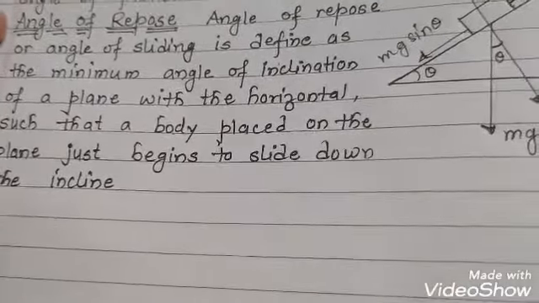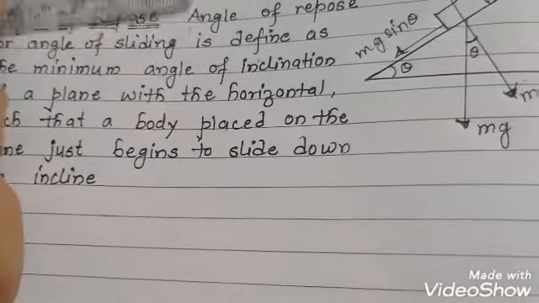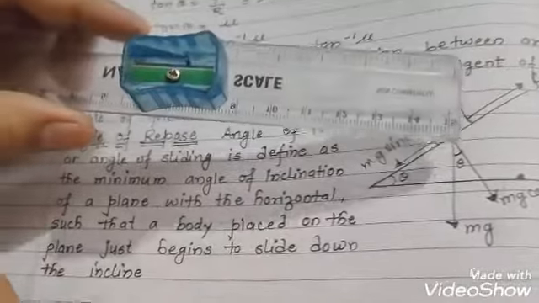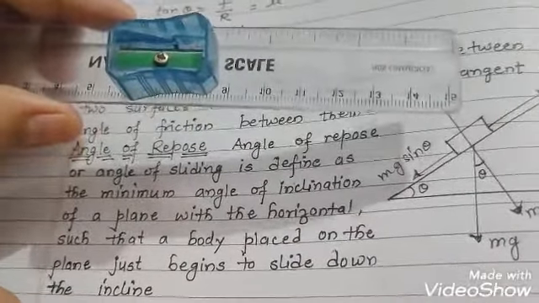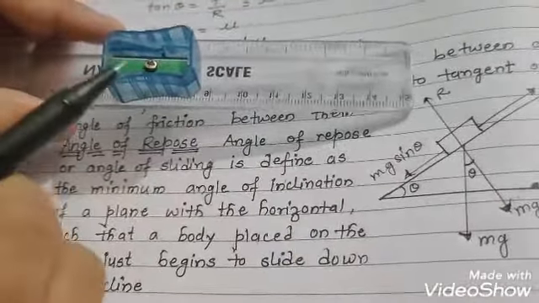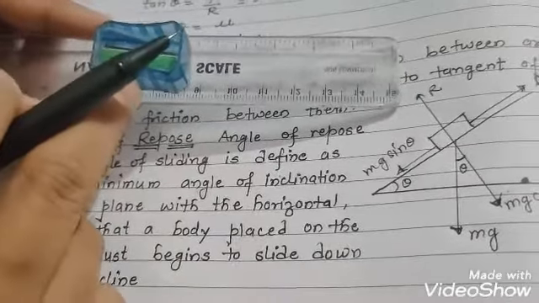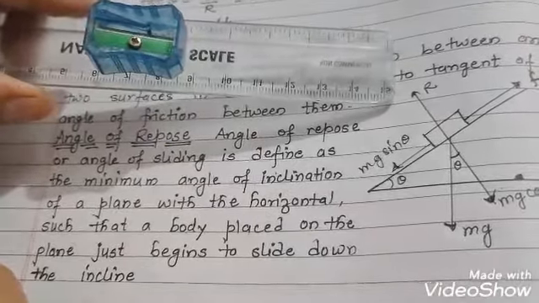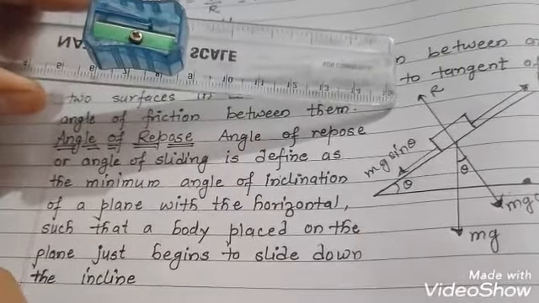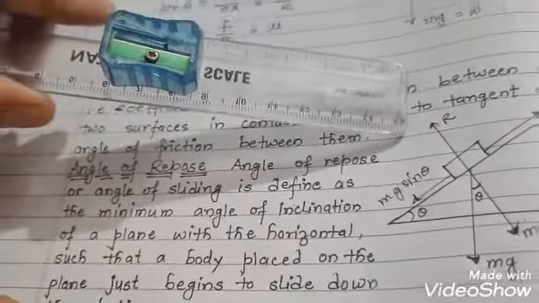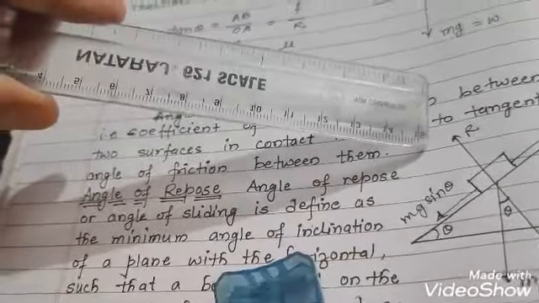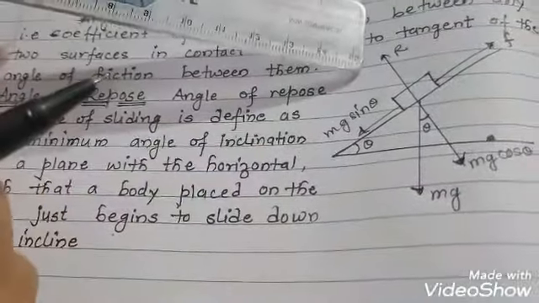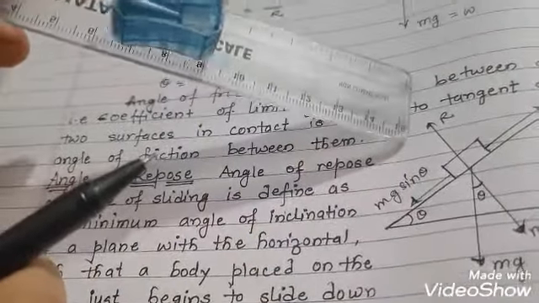That means this is the inclined plane, making some angle with the horizontal, and if I start increasing the angle of inclination, after some time this body starts sliding.